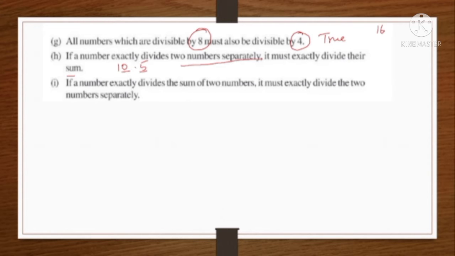Both get divisible by the number 5, isn't it? 5 divides 10 and 5 divides 5. So the number exactly divides the two numbers separately, and it must divide their sum. What is 10 plus 5? 10 plus 5 is equal to 15. So this 15 must also be divided by 5. So the statement is true.